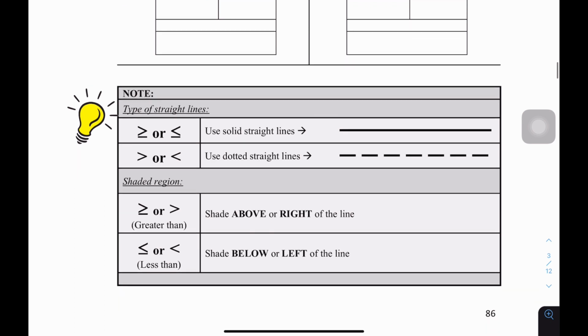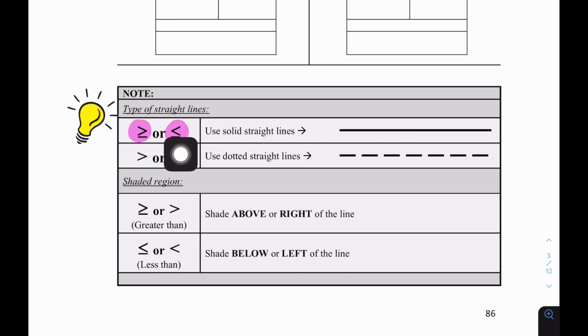Next. Apa yang awak kena tahu dalam chapter ini, if you have these two symbols, more than or equal or less than or equal, when we draw the graph, you will use the solid straight line. Penuh macam ni.